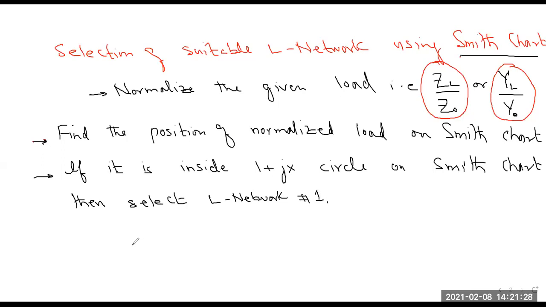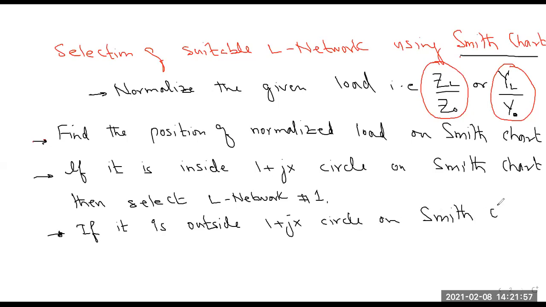Okay. And if it is outside 1 plus jx circle on Smith chart, then select L network number 2.